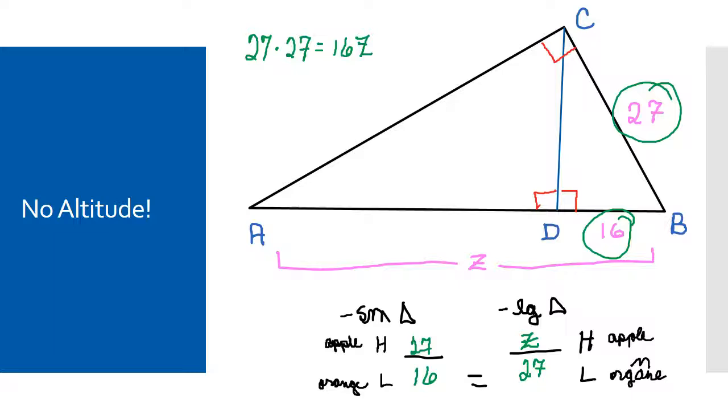All right, 27 is kind of a big number, so we'll allow a calculator on that one. And it's 729 equals 16Z. And using our algebra, we're just going to divide out the 16, which gives us 45 point, and I'm going to leave it at 56.